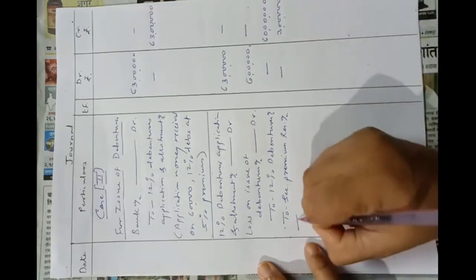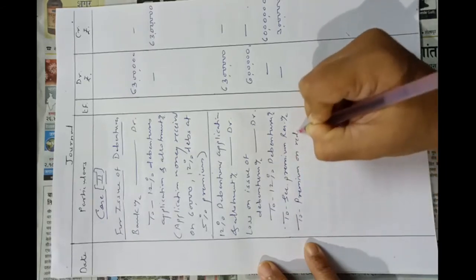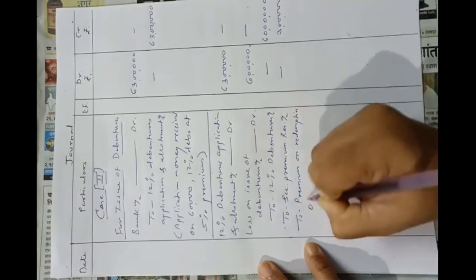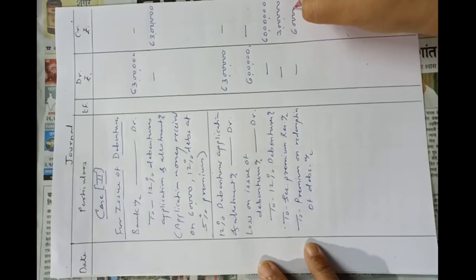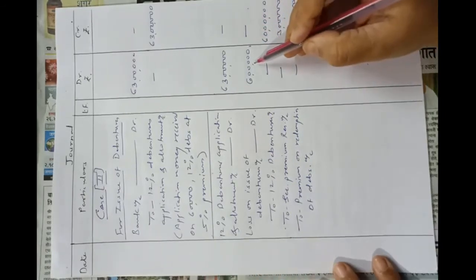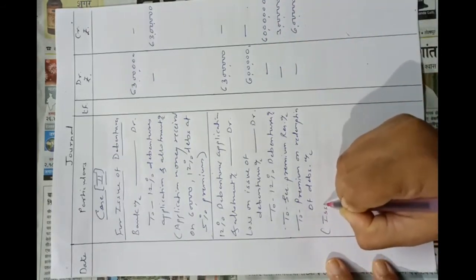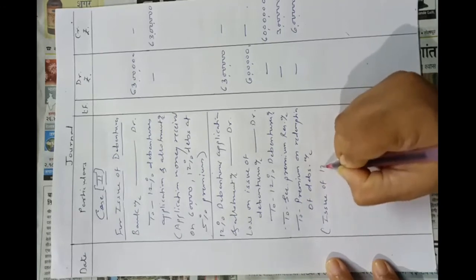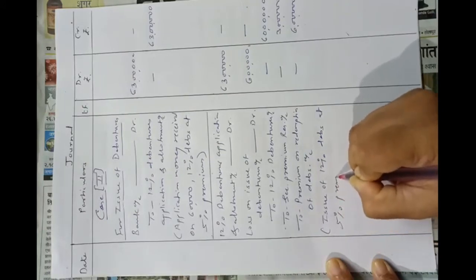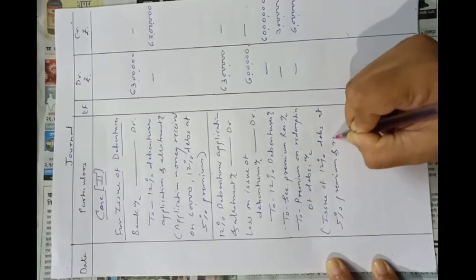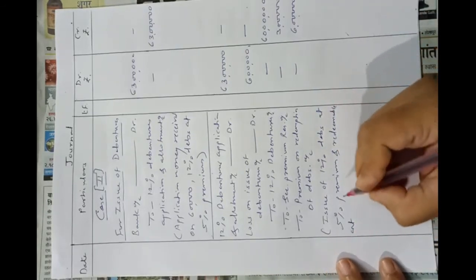Okay, and to premium on redemption of debentures, this premium payable will be 6 lakhs, which is debited to loss on issue of debentures account. So narration, issue of 12% debentures at 5% premium and redeemable at 10% premium.